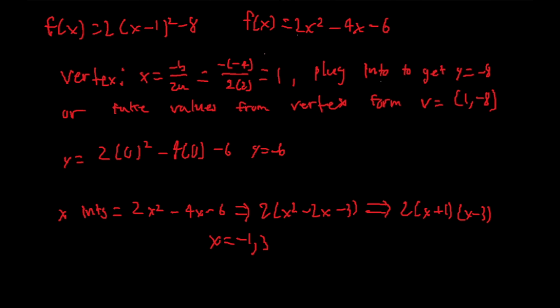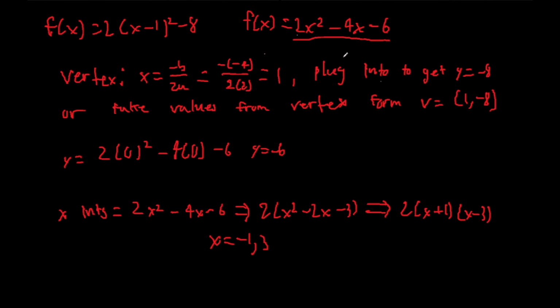Now we want to find the vertex, y-intercept and x-intercepts. For the vertex, there's two ways to do it. You can use x equals negative b over 2a, and you'll get that x is equal to 1. For the negative b over 2a, you want to use this equation. And then you plug in x equals 1 into either one of the equations to get y equals negative 8.